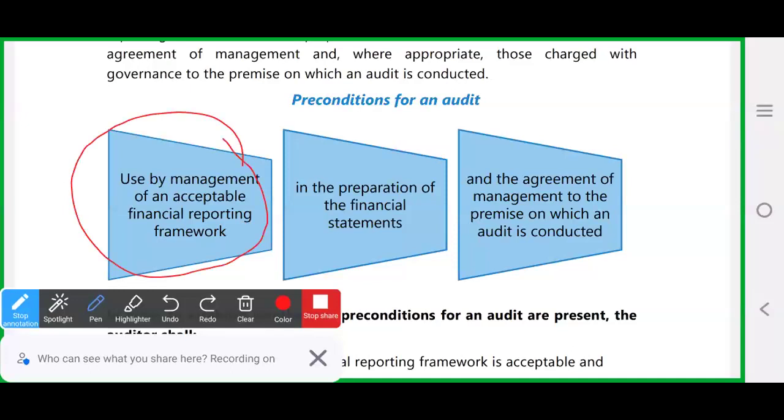If it is an insurance company, the FRF, that is Financial Reporting Framework of an insurance company, comes into picture as per the Insurance Regulatory and Development Authority. So preconditions for an audit: it has to use an acceptable financial reporting framework in preparation of financial statements, and he has to agree to the premise on which the audit is conducted.